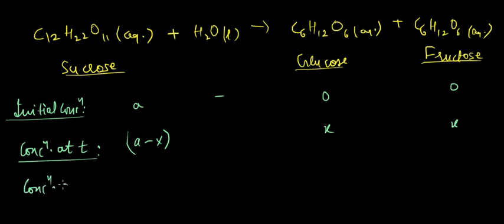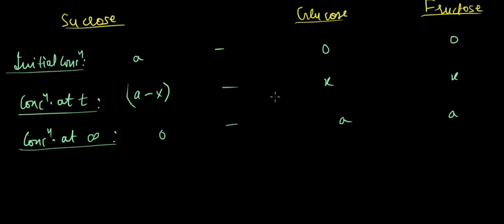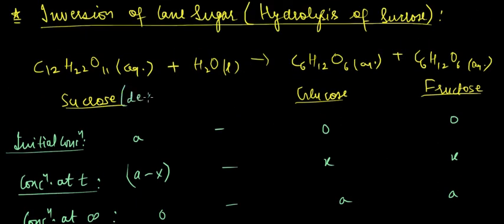And at t equals infinity, the sucrose concentration would be 0, not considering H2O, and both glucose and fructose would be present at A concentration each. And by the way, this is dextro sucrose.